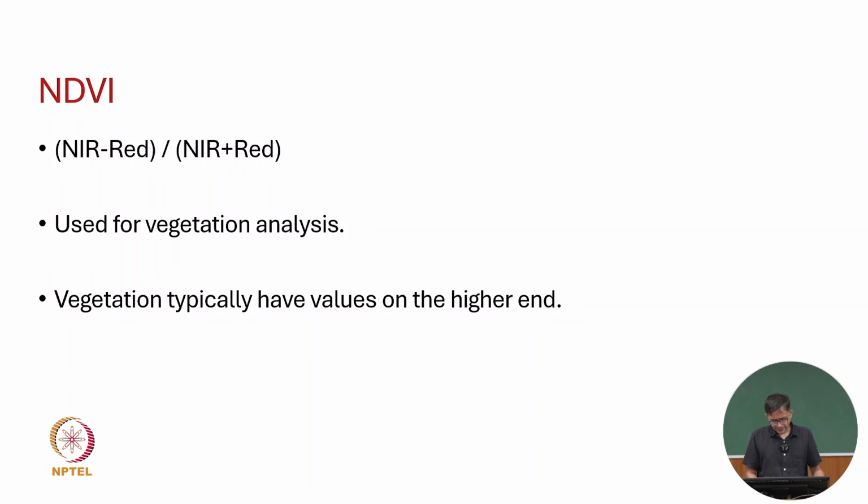So over a particular region, you can put a threshold and say that, okay, higher than this threshold corresponds to vegetation, lower than this threshold doesn't.